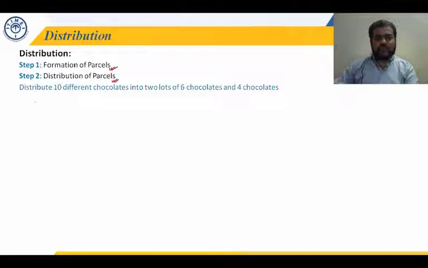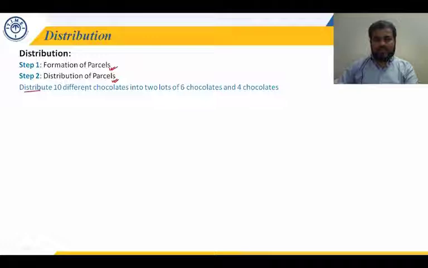So let us distribute 10 different chocolates into 2 lots of 6 chocolates and 4 chocolates. Although the word says distribute, in this case you will understand that we just have to segregate 10 different chocolates into 2 groups, one of 6 chocolates and the other of 4 chocolates.